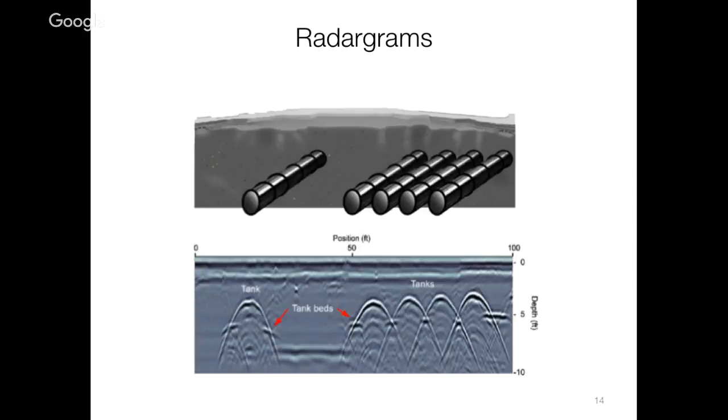You can see what your engineering problem is. So here's the location of the tanks. You can see there's 1, 2, 3, 4. And then there's also additional reflectors coming in here, so there's something. And these tanks are sitting on beds, so you're actually seeing the tank bed as well as the tank.